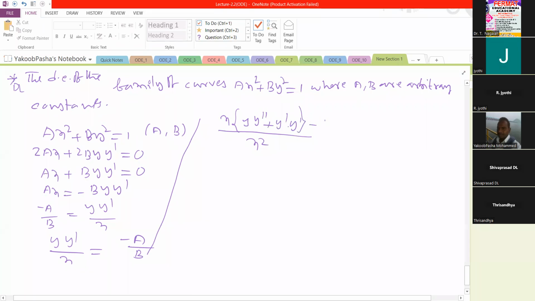This is uv dash minus y into y dash, x differentiation is 1. That is equal to a by b differentiation is 0, constant. So here we have x into y double dash plus y dash square is equal to, taking outside, y into y dash. This is the required differential equation.